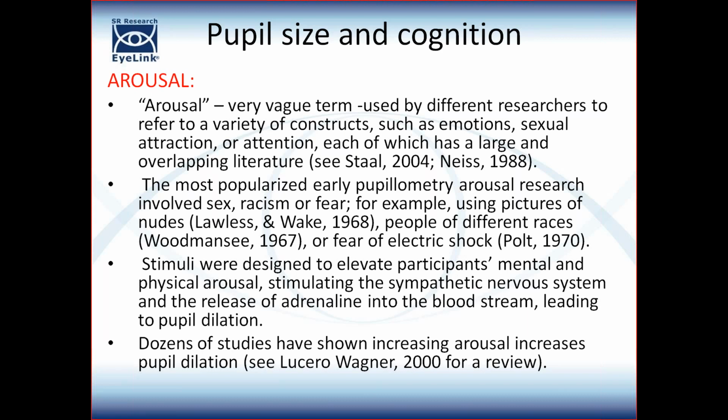The idea would be that you'd increase arousal and demonstrate a corresponding increase in pupil size. And this has been replicated widely. There are hundreds of studies that show that this effect is real. If you increase somebody's emotional state one way or another, their pupils will dilate.